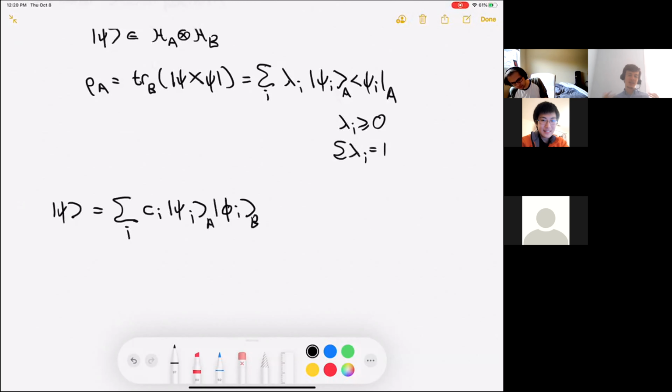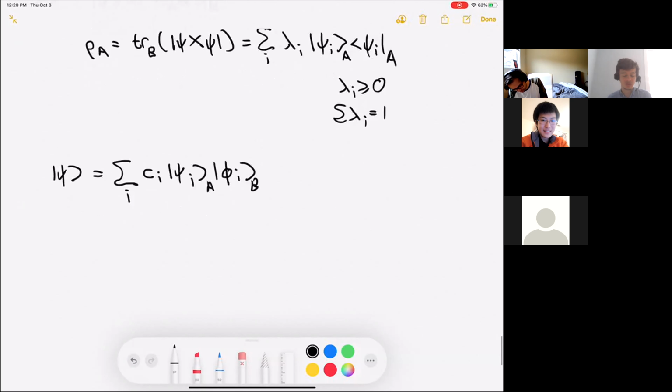We could do this for any basis for A that we want, right? For any state in the tensor product, you can always just expand it in terms of an orthonormal basis for the first system A, and then some states, whatever you end up with, for system B.